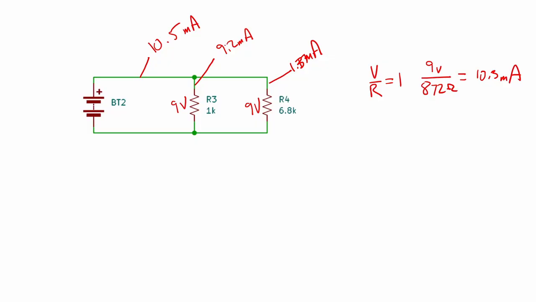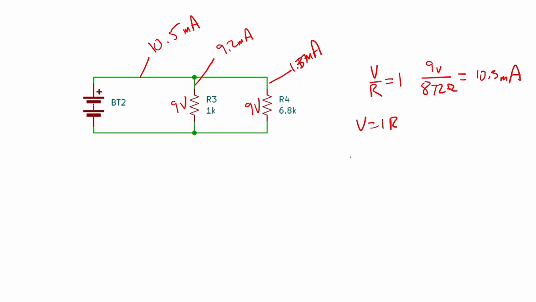What about these values? Well, again, we have the same voltage drop, and we just have a different resistance, and that makes sense because V equals IR. If V doesn't change and R does, to keep this balanced, I needs to change. So let's work that out. In this case, we want to work out current again.